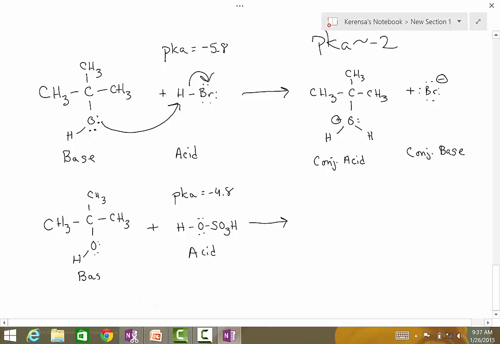And again, the goal is to always make a weaker acid-base pair. It does exactly the same chemistry because we have a really good proton donor. Sorry, my arrow is disappearing. And an acceptable base. So we're going to make, again, an alkyl oxonium ion.